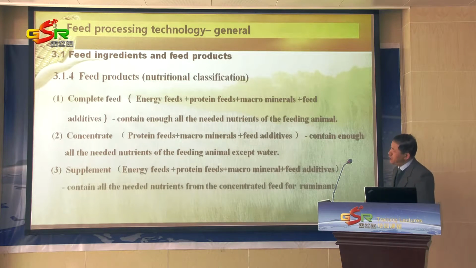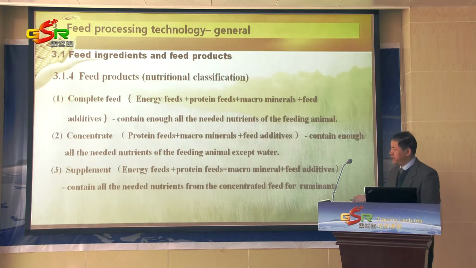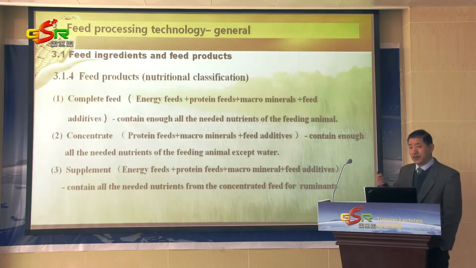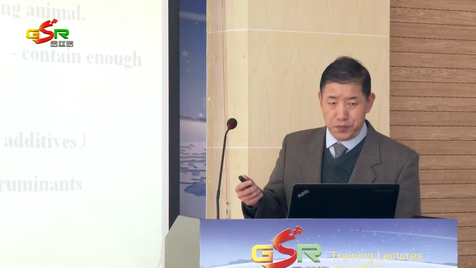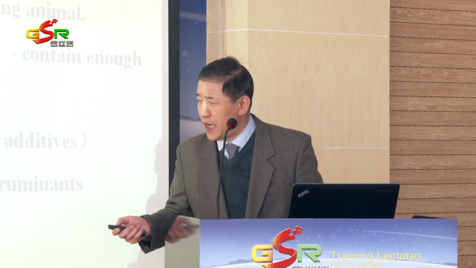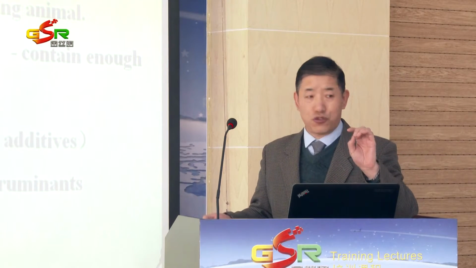And the third one is supplement. Supplement is a product for ruminants, like cattle and sheep. Their feed usually contains two parts. First is the supplement, then plus the straw feed.